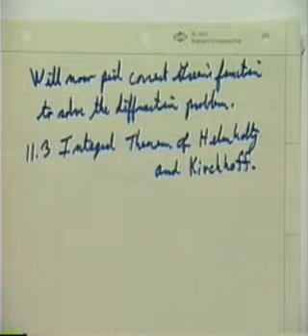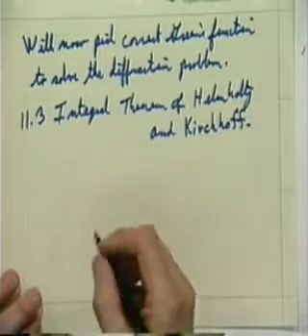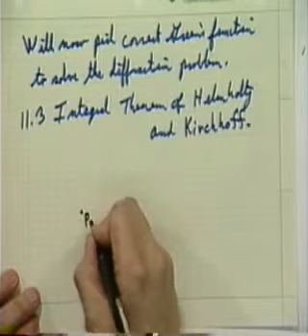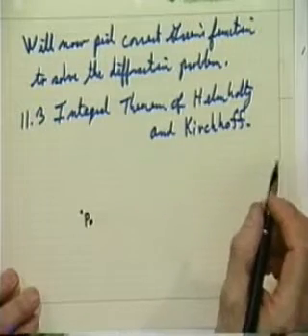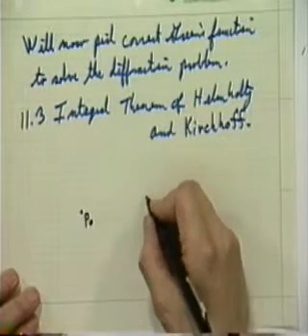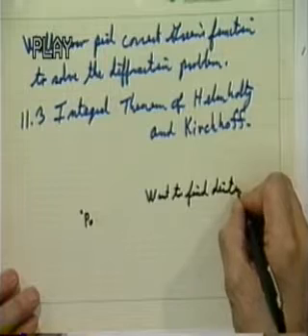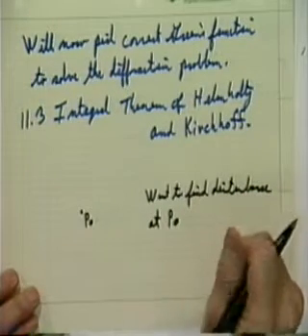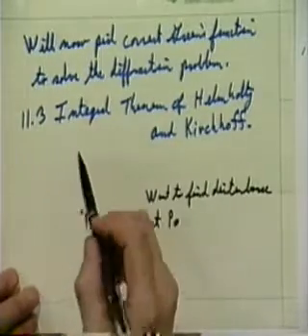Go to different color ink. Okay, so what we have is that we have some point P naught. And we want to find the disturbance at point P naught. Okay? And we're going to do that by using the Green's theorem.